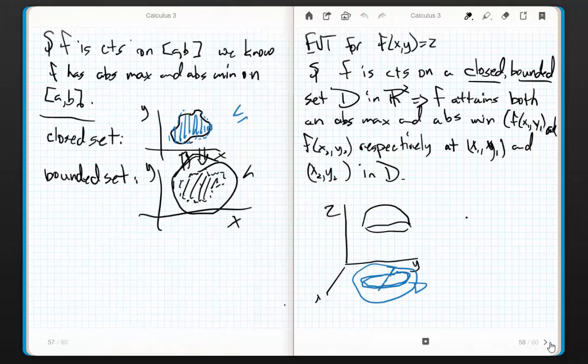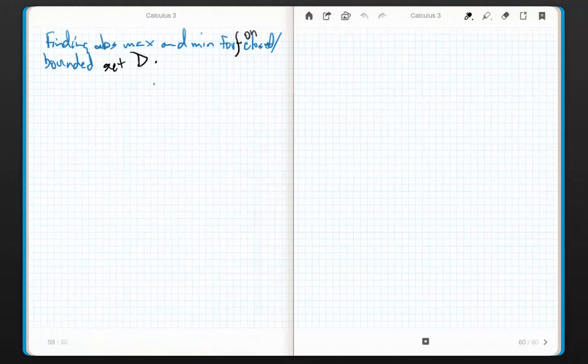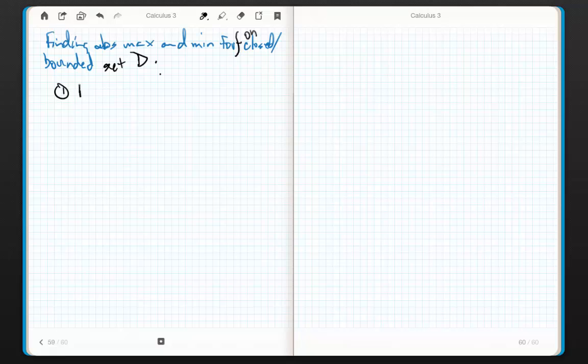But in general, step 1, find critical points. Now remember, guys, points in D.